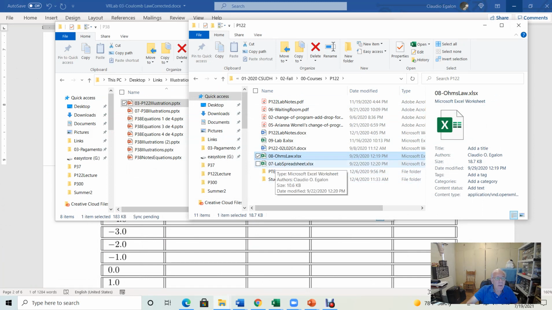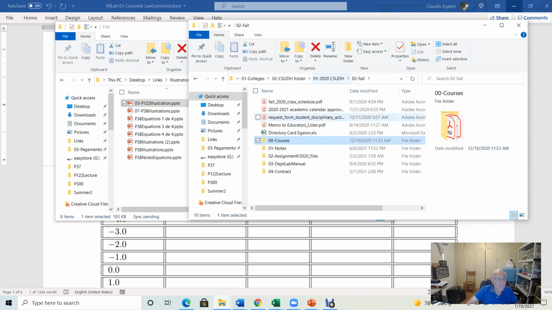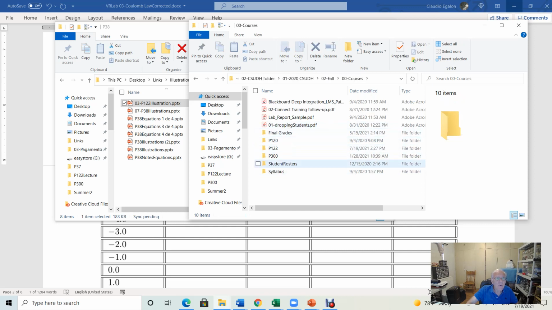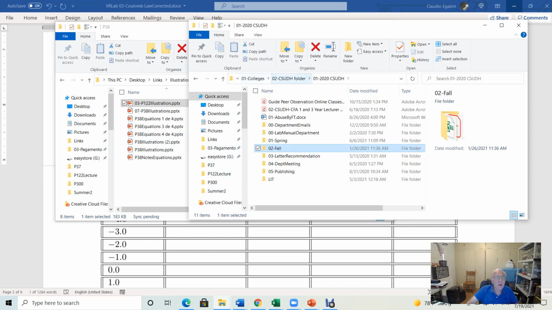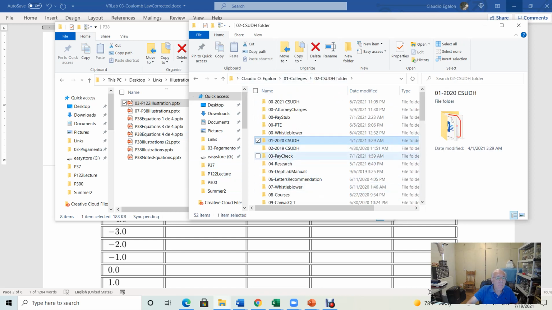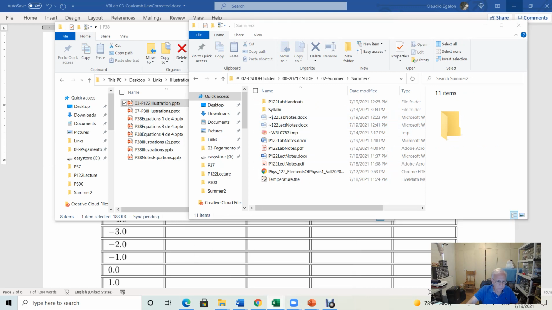Student lab, lab spreadsheet. Let me see if it's in the notes, courses, contract, syllabus, student roster. Okay, we have to do that from scratch, otherwise I'm going to spend too much time here. If there is any adjustment that we have to do for the table, we'll do it. Summer 2. Okay, so let's go to my spreadsheet.